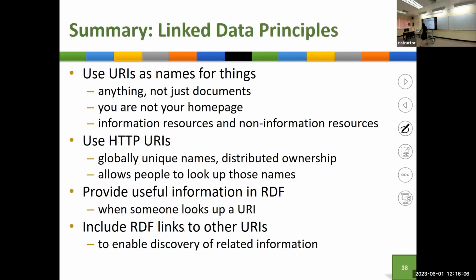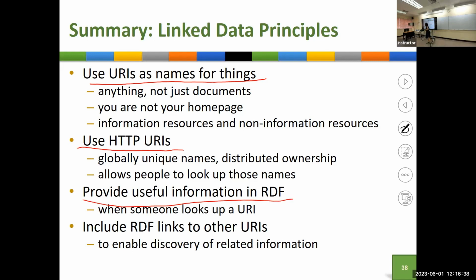So in summary, these are the 4 principles and kind of a stepping stone. You need to achieve the first level and then achieve the second, and so on, and third and fourth. First, start with having everything identified by URI. Second, use HTTP URIs that are dereferenceable, so that people can look up and get useful information about that resource.